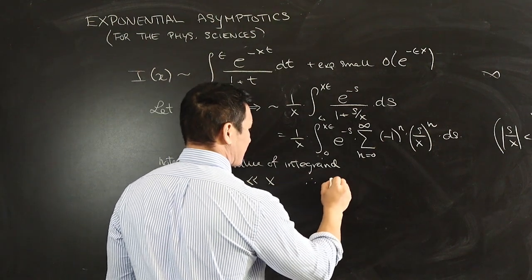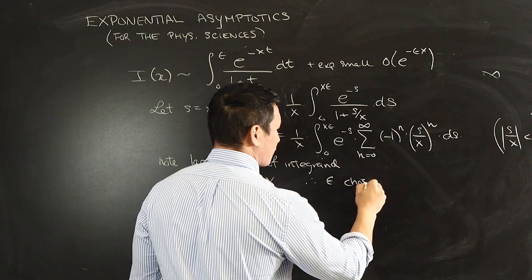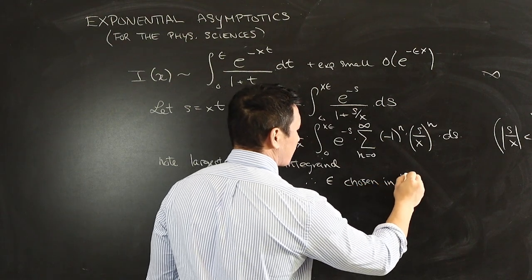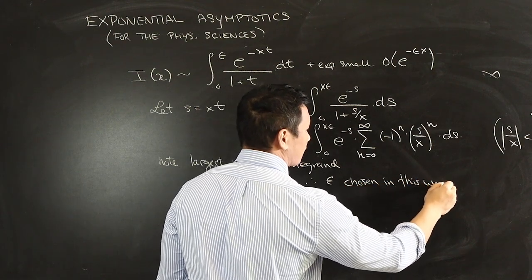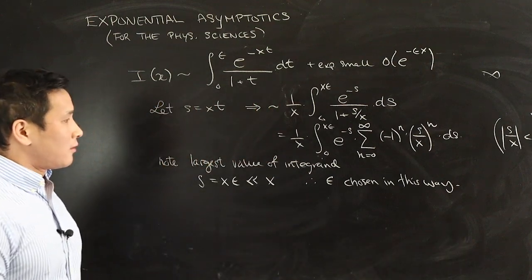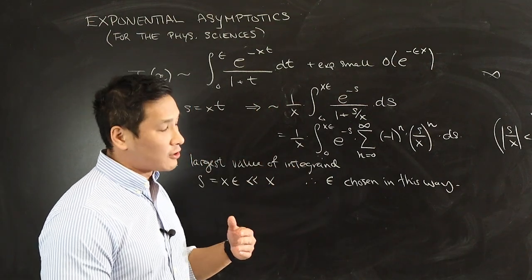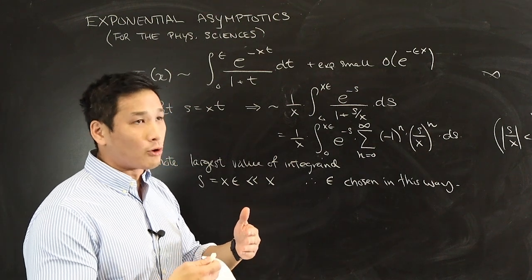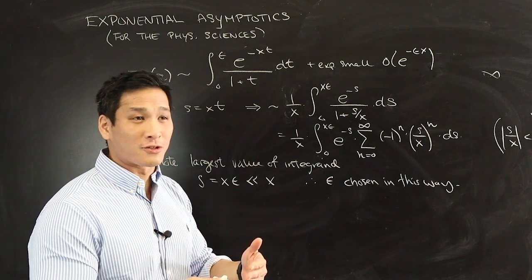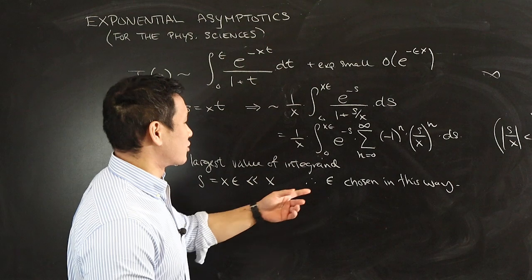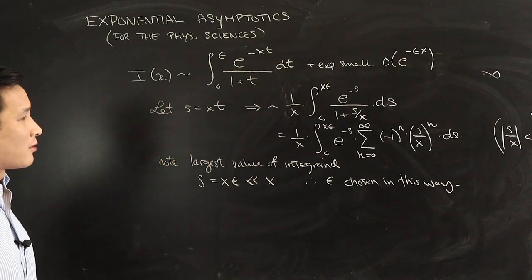So therefore, epsilon chosen in this way. Basically, the larger x is, the more local the contribution of the integral you have to consider near 0, and then you're just choosing epsilon sufficiently small to guarantee that fact.